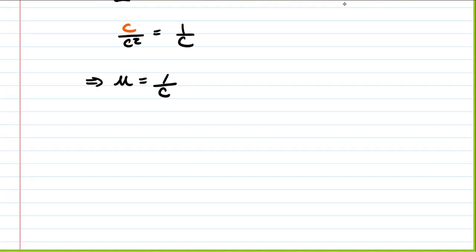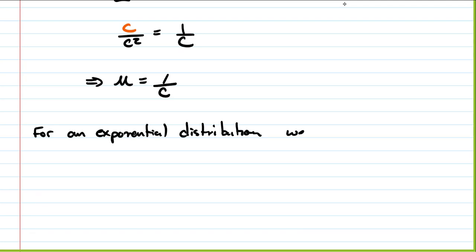All right. So before we do the next example, we need a couple of facts. So for an exponential distribution, we have what we just found, mu is equal to 1 over c, or solving that equation for c, c is equal to 1 over mu, right?